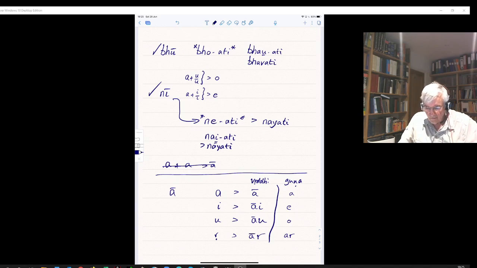So A through guna A unchanged to vriddhi long A. I to guna E to vriddhi ai. U to guna O to vriddhi au. And R to guna ar to vriddhi long R.